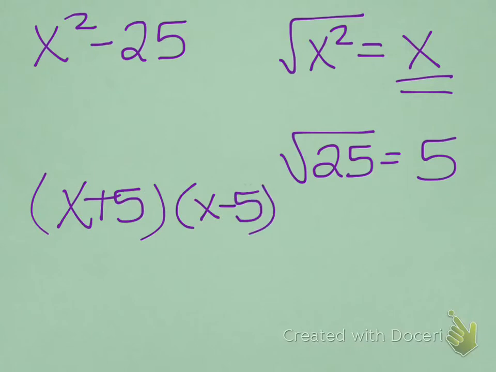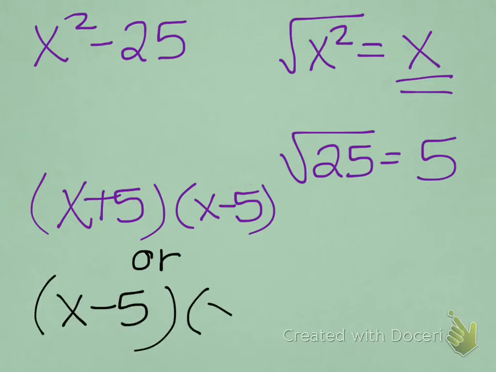And that's it. I just want to make a note, it doesn't matter if you have the plus or the minus binomial first. So you could have also said x minus 5 times x plus 5, because remember, when you multiply, the order doesn't matter. Alright, let's try one more example and see if you can get it.